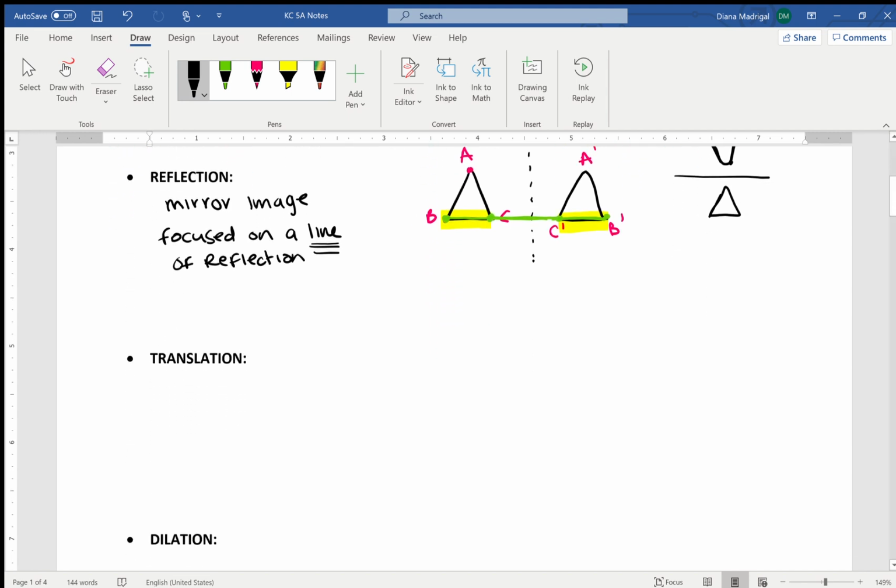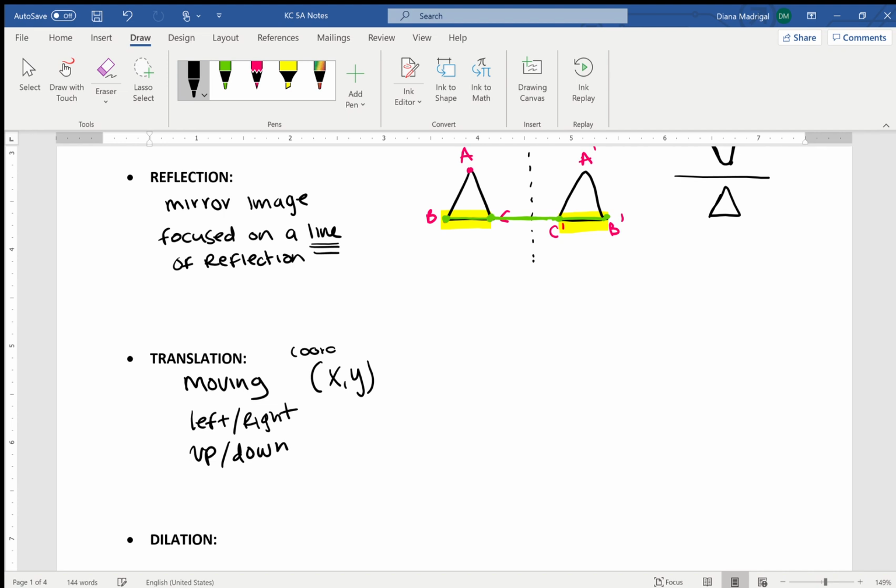And the last one, translation. I think translation is one of the easiest. Translation is just moving the image. When we move, we're going to be moving left or right, or we're going to move up or down. And because we are moving up and down, left and right, your translation is always going to be in a coordinate point.